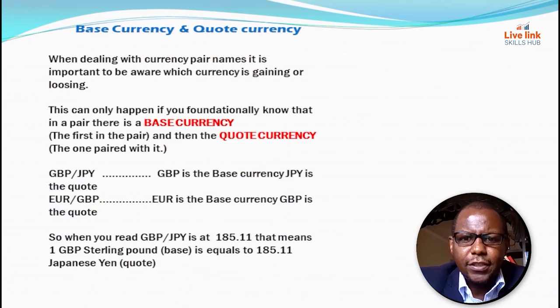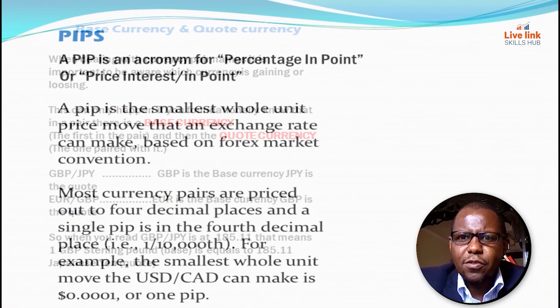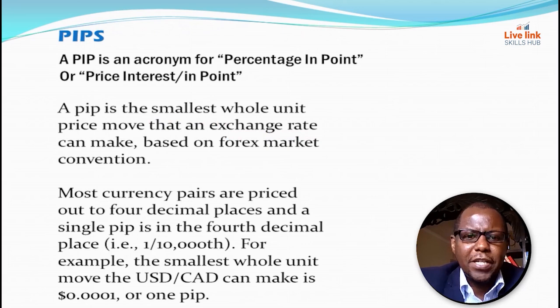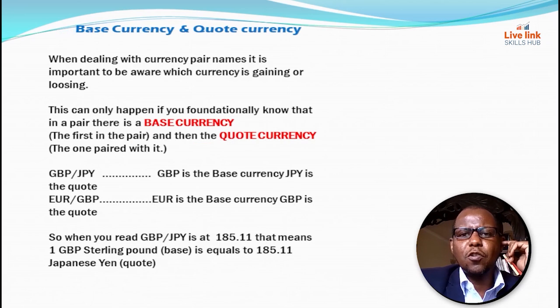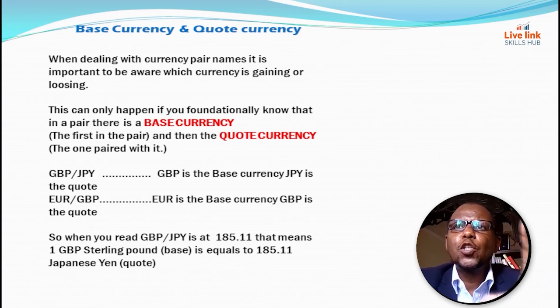So moving on, I can go ahead and talk about pips. Just before I talk about pips, I need you to first get confident that you've understood what pairs are. When you understand what pairs are, you move on to that strength difference.